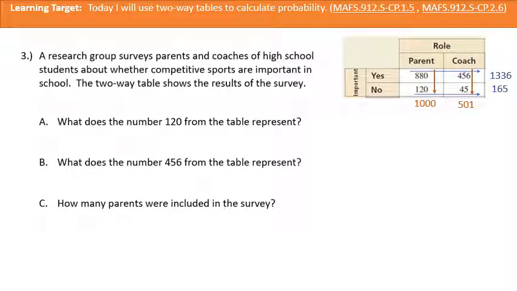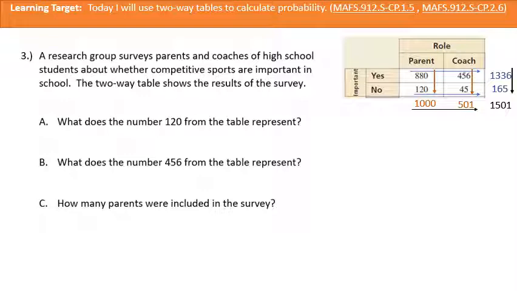Okay, so now we can find the total number of people that took this survey by adding straight across the bottom totals or adding straight down the row totals. It should be the same number. 1,501. So far, so good.